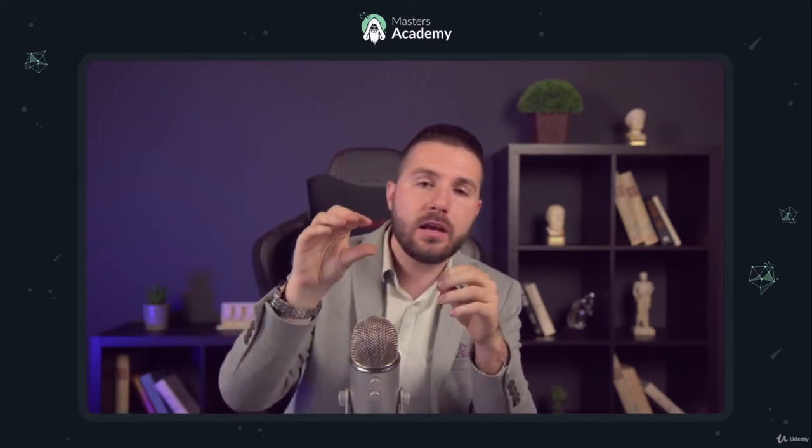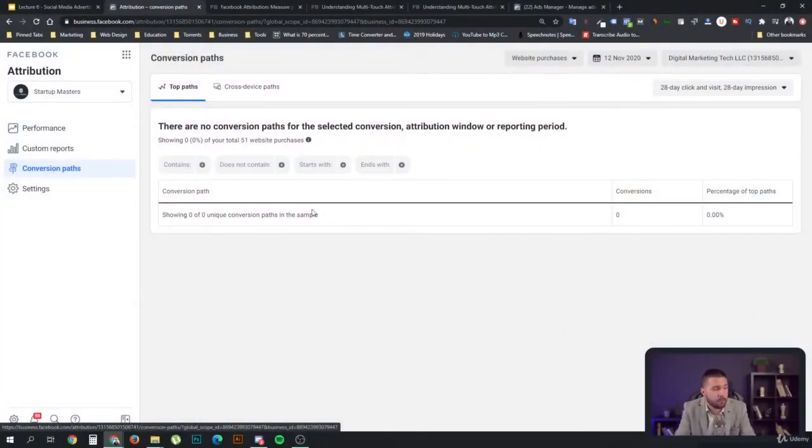So that will display a conversion path where you have your Facebook campaign, then your Google display campaign, and then your email campaign, and that would say, right, that is one conversion path, and that conversion path itself led to this many conversions. This is what you will pretty much see here in this window.